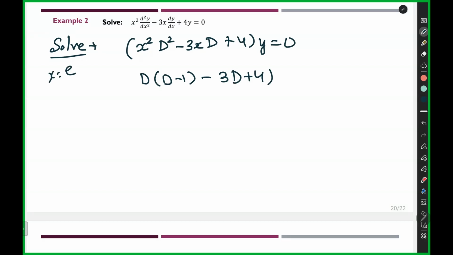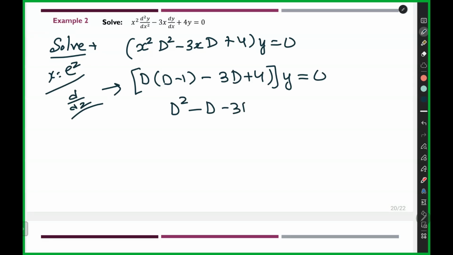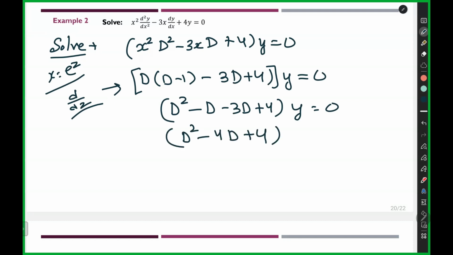After substituting x equals e to the z, we are dealing with d by dz in operator form. So we have D square minus D minus 3D plus 4 of y equals 0. It is D square minus 4D plus 4, which is D minus 2 whole square.